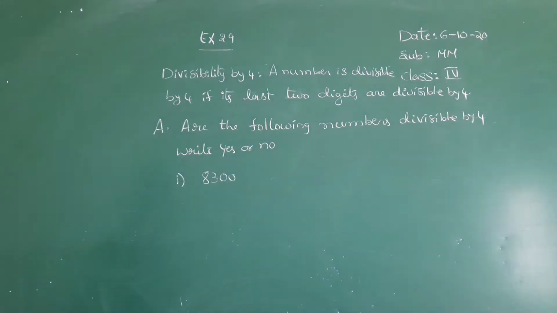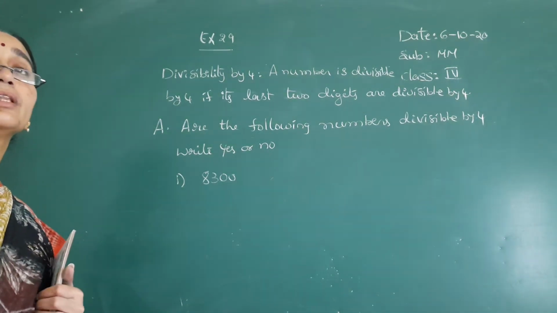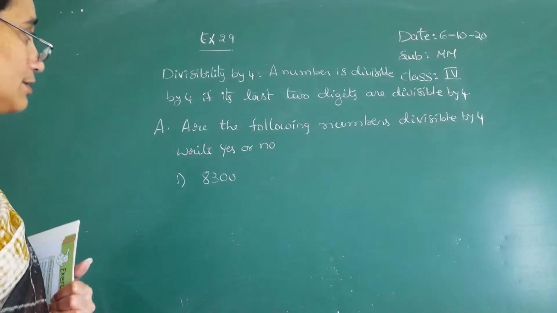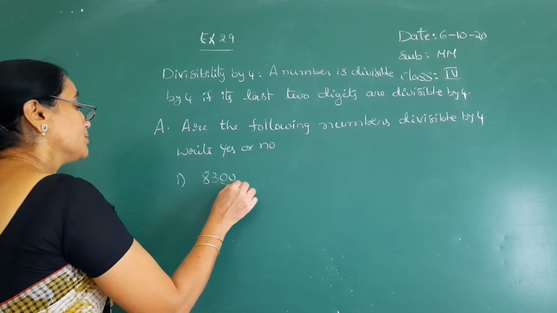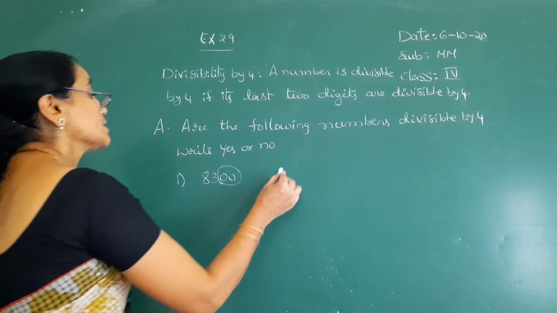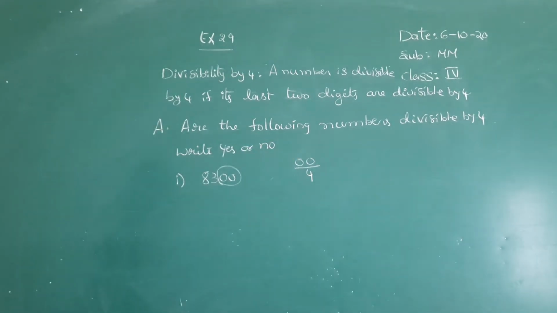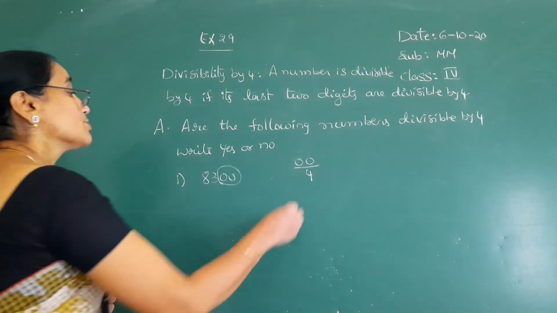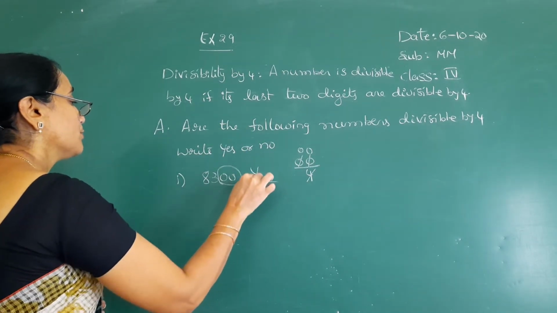No need to do the division with 4. Divisible means the remainder is 0. The rule for divisibility by 4 is that the last two places are divisible by 4. Here 0, 0 are the last two digits, and you know very well that 0 is divisible by every number. So there is no remainder. It is divisible by 4, yes.